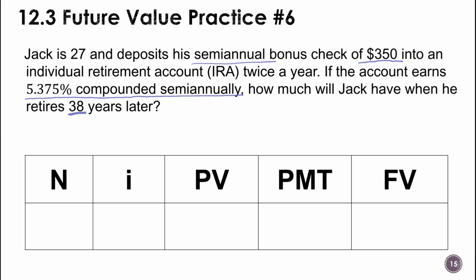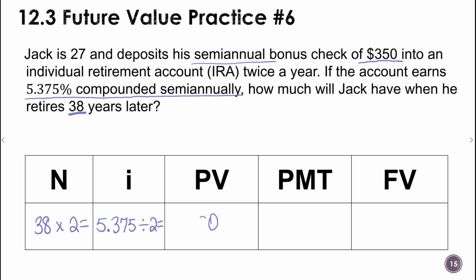Okay, so 38 years. Semi-annual is the times it's compounded, twice a year, not the rate. The rate is 5.375%. We're going to divide that by 2, push your equal sign.